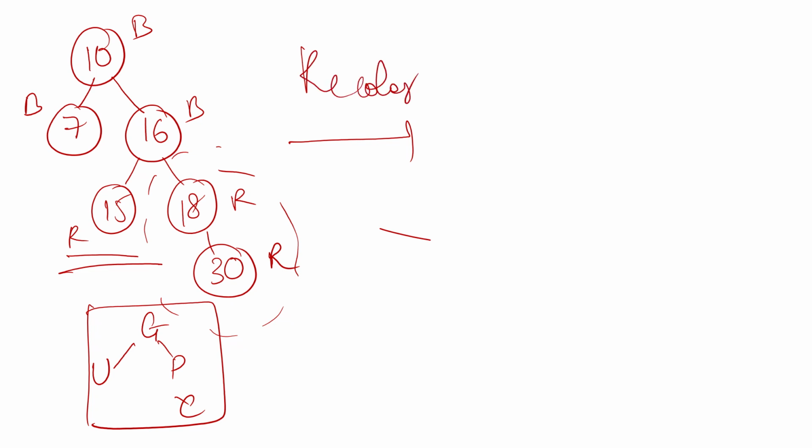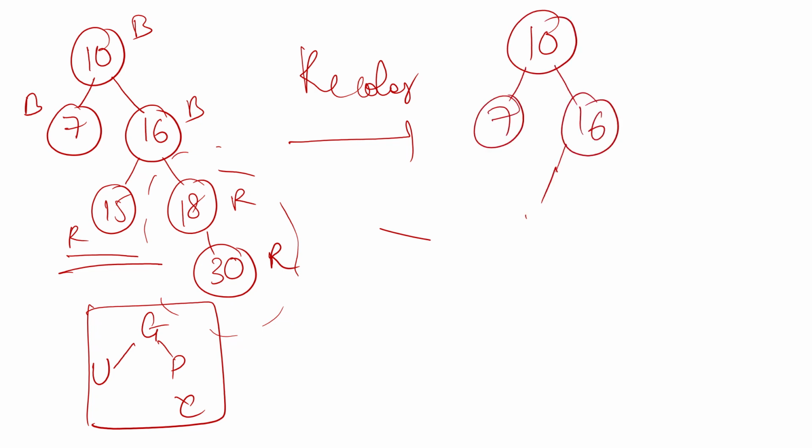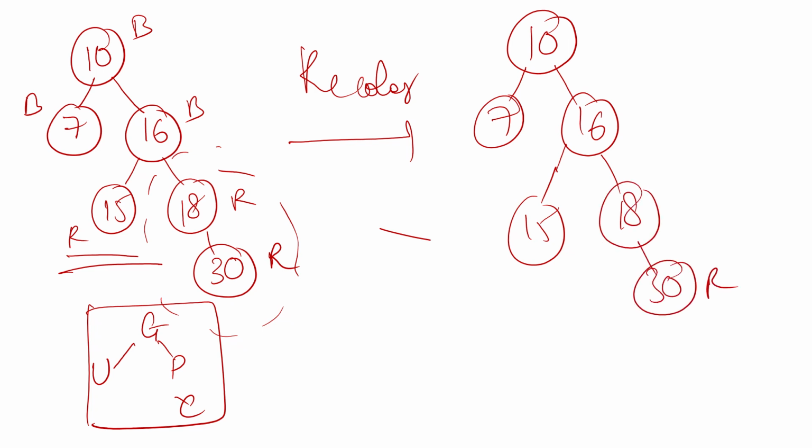So when you recolor, you'll get 10, 7, 16, 15, 18, 30. 30 will remain red, 10 will remain black, 7 will remain black. Now recoloring: 18 will become black, 15 will become black, and 16 will become red.